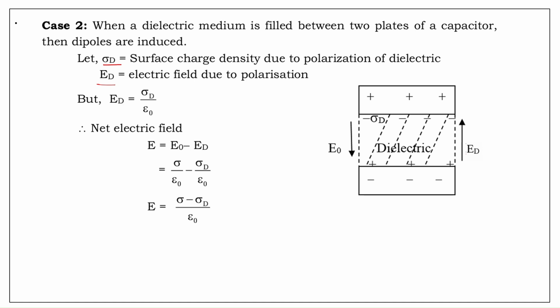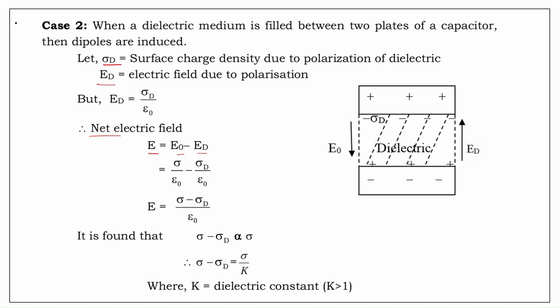But Ed is equal to sigma d by epsilon naught. Therefore, net electric field E is equal to E0 minus Ed. On substituting values, E is equal to sigma by epsilon naught minus sigma d by epsilon naught. That is equal to sigma minus sigma d by epsilon naught.